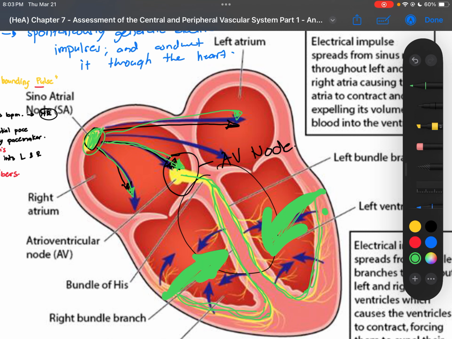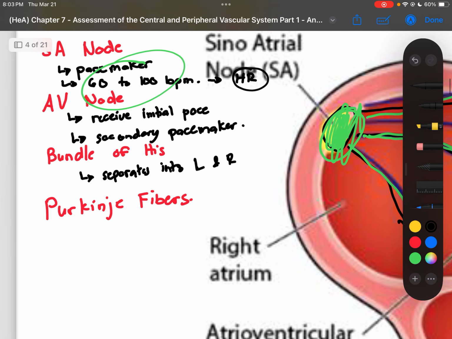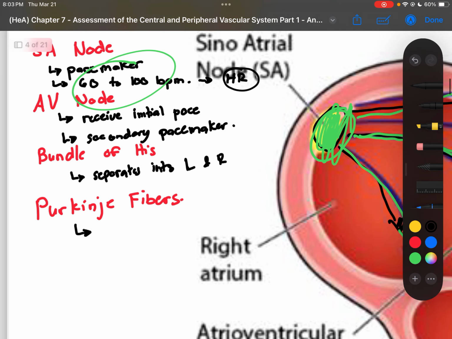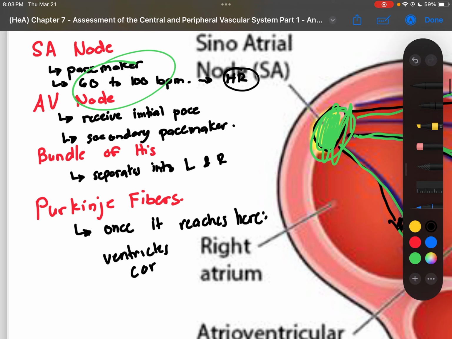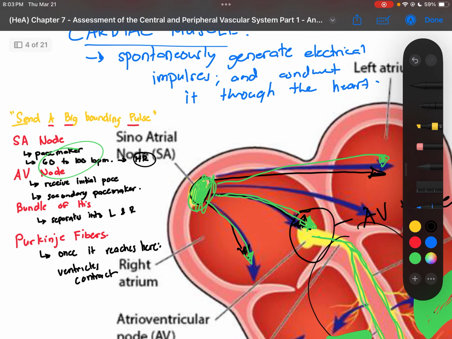After a few moments, it will relax and the cycle starts all over again at a rate of, once again, 60 to 100 beats per minute. Once it reaches the Purkinje fibers, the ventricles contract.